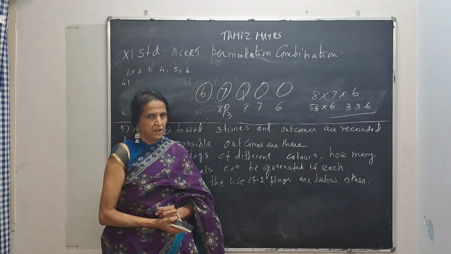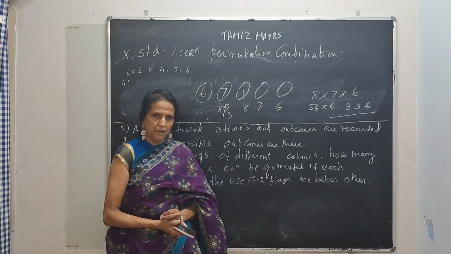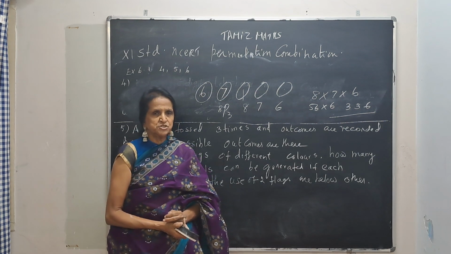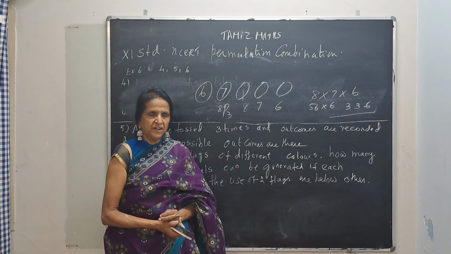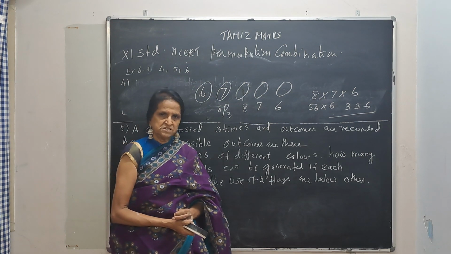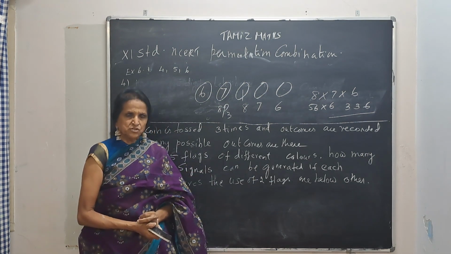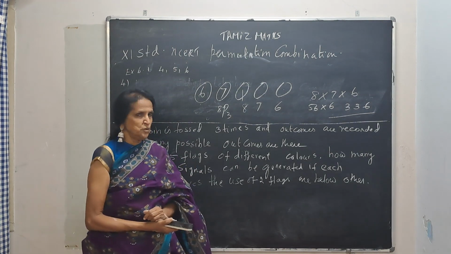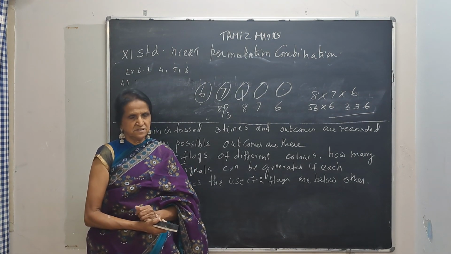Required to form a 5-digit telephone number from the digits 0 to 9. The first 2 places of the 5-digit telephone number are fixed. It is 6, 7. So the first 2 places have no choice. Now the choice is only for the last 3 places.